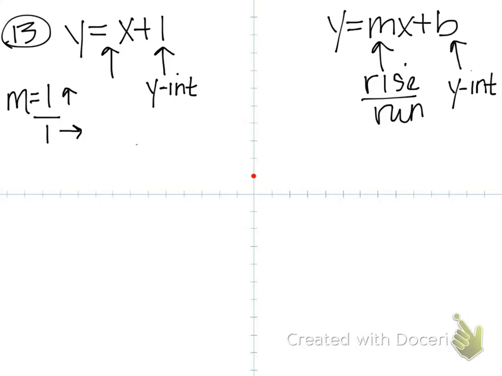I don't go back to 0, 0. From the point I just graphed, I go up 1 over 1. And that's going to give me a dot about right there. Now I can draw my line. And that's my graph. So I plotted my intercept, and then I used my slope to find another point on the line. I went up 1 over 1.